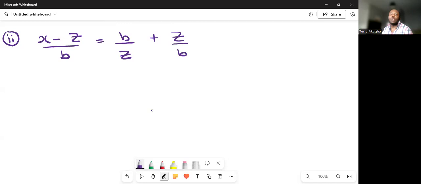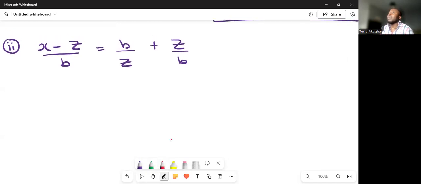So what I'm going to do is multiply it through by bz. Because the fraction has b and z, I'm going to multiply each of these by bz. So I multiply this by bz, are you seeing it? Multiply this by bz.